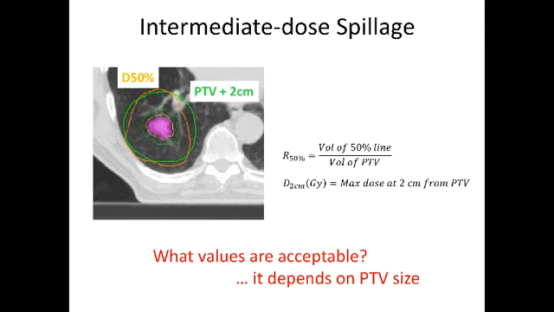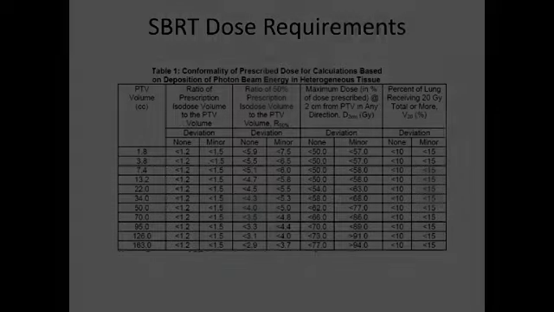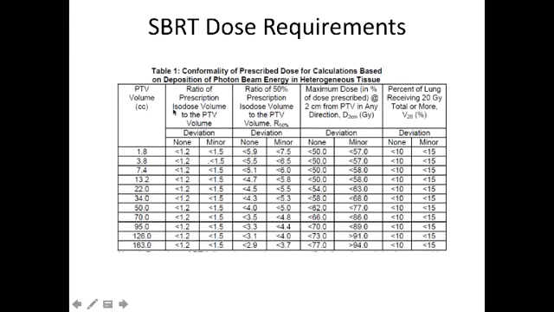major violation. The appropriate limits for R50% and D2cm are a little bit harder to define because what is achievable depends on the size of the PTV. Here's an illustration of that from one protocol.